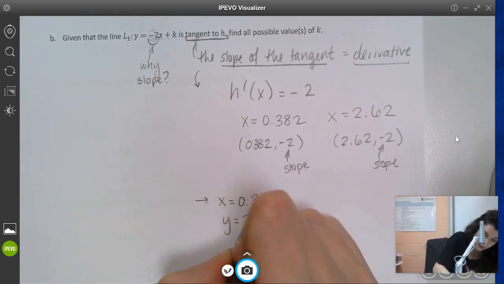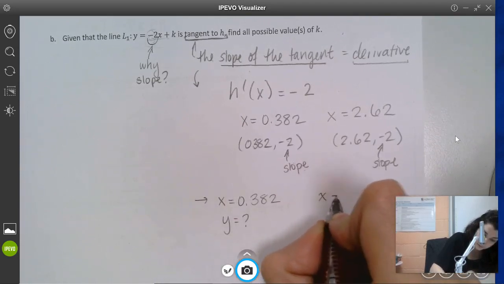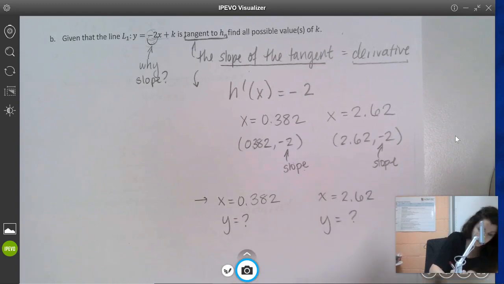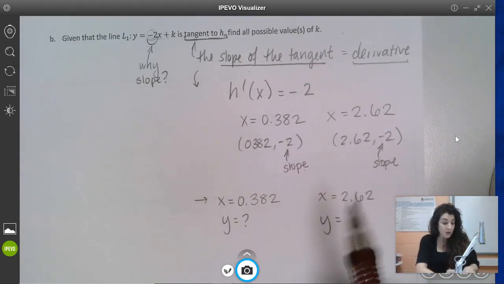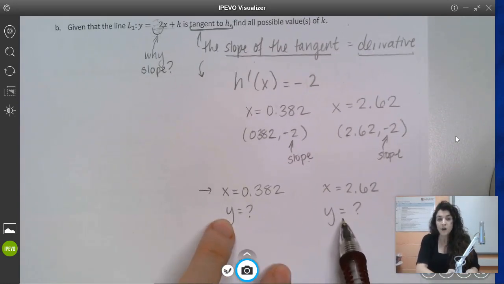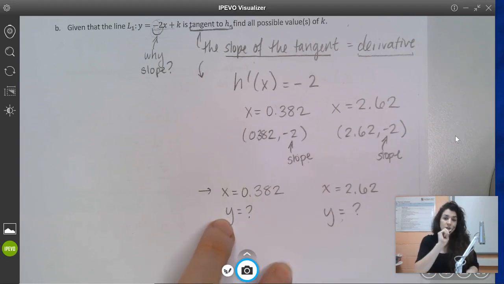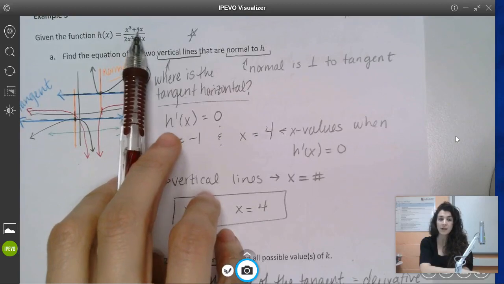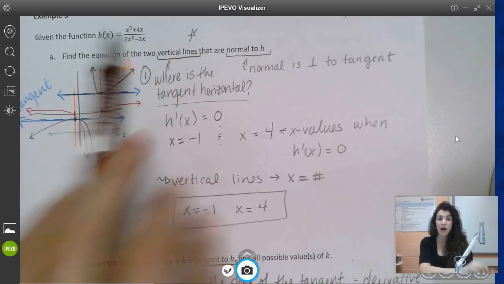What are the y values? Our y values are found from the original equation, which means you need to go in and find, plugging in those x values, what y value we get.